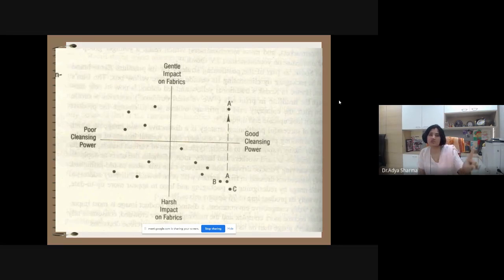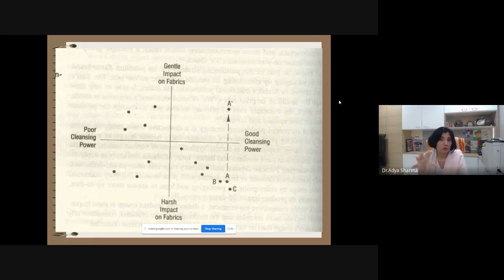So on one extreme, you have poor cleansing power. On the other extreme, you have good cleansing power. Similarly, on one extreme, you have gentle impact on the fabric. On the other extreme, you have harsh impact on the fabric. Now, very interesting.